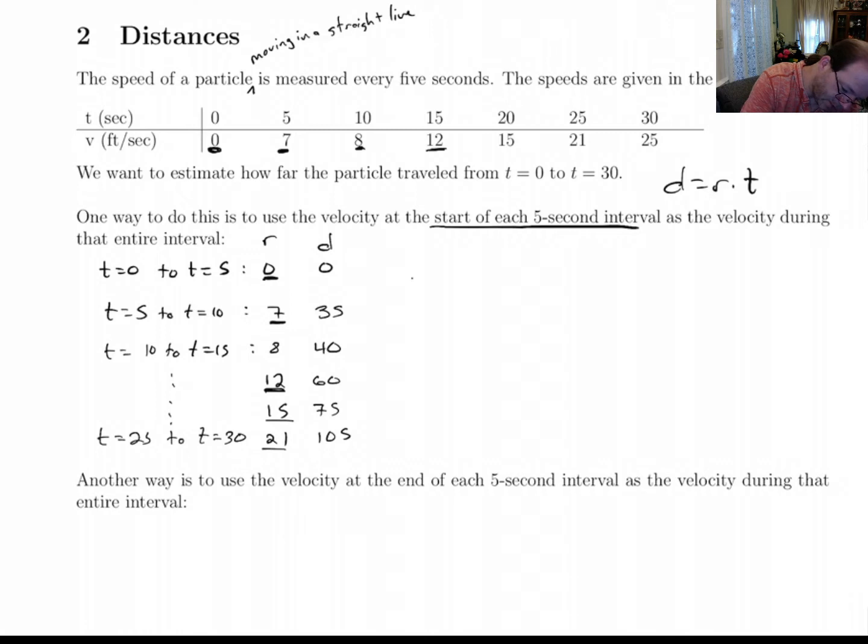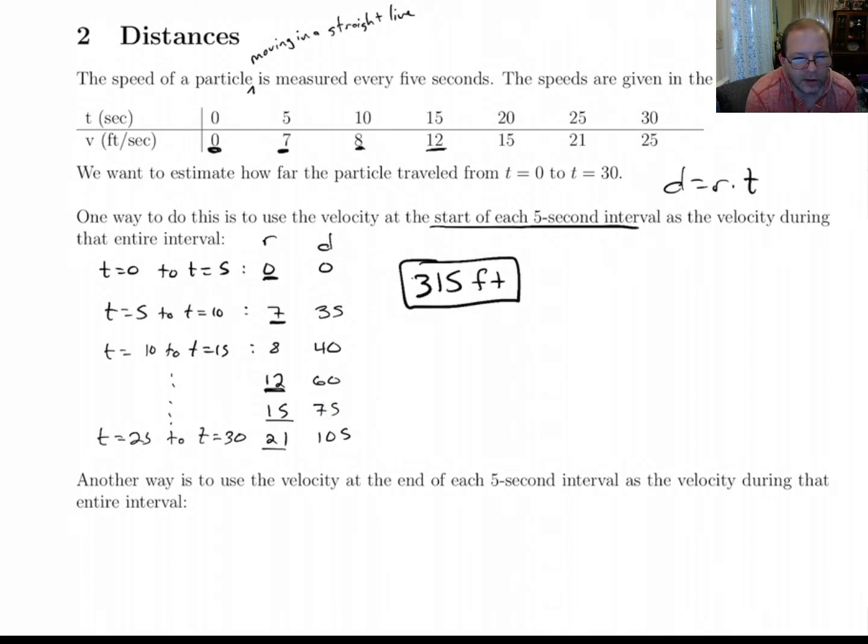So if I did that arithmetic correctly, this is 215 feet. I didn't do that arithmetic correctly. That's 315 feet. Okay.